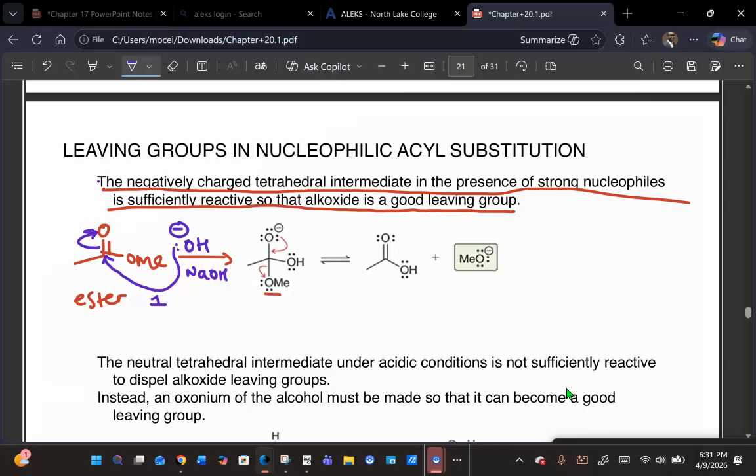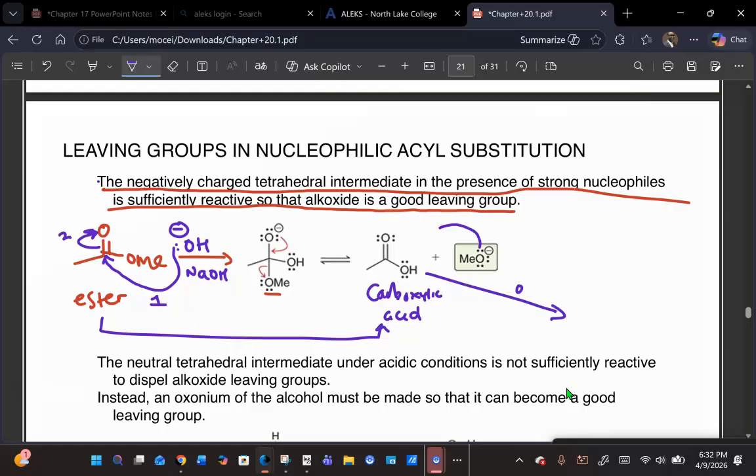So you'll expect the intermediate. Your ester is converted to a carboxylic acid, and later on I'll tell you this does not stop, because that's an acid. In the presence of this base, you get a carboxylate at the end.